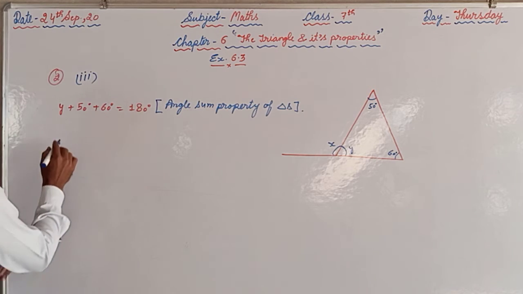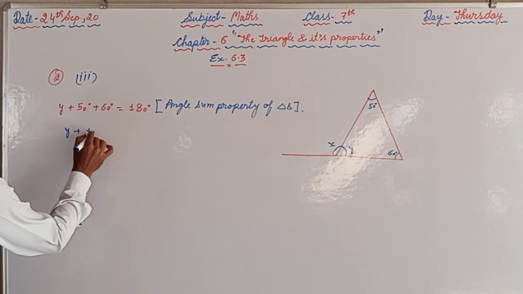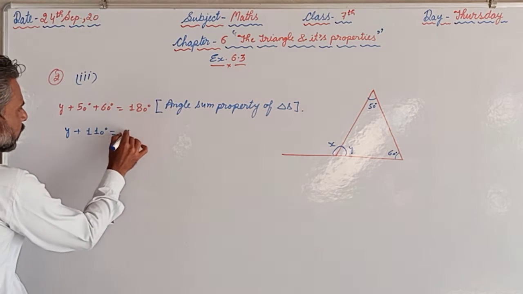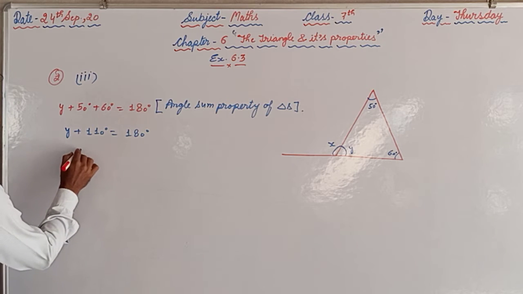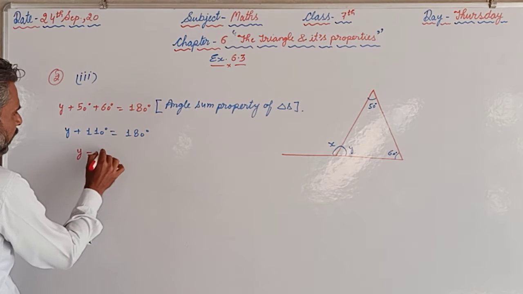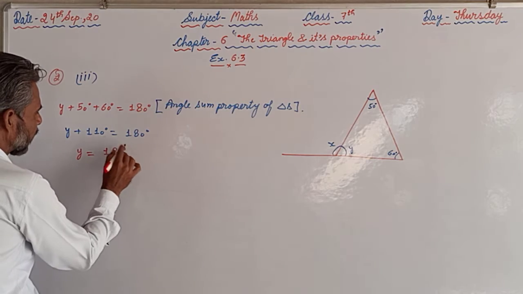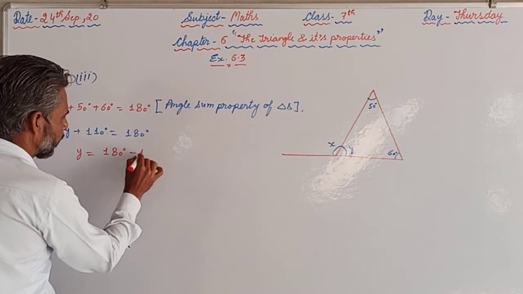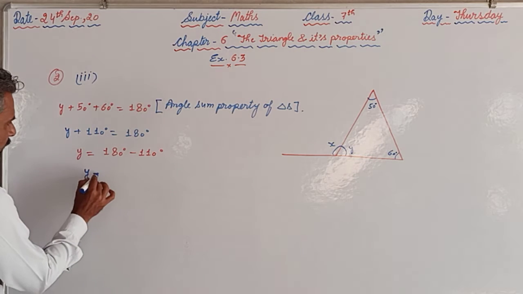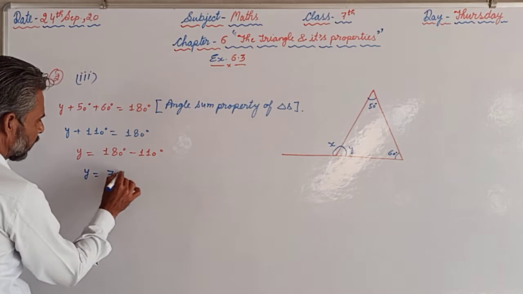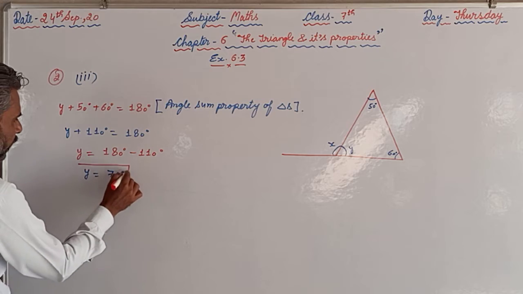So from here we can write y plus 110 degree is equals to 180 degree. Again we got the simple equation. So now we are supposed to solve for y. So 180 degree, and that will become minus 110 degree, and we get y is equals to 70 degree.